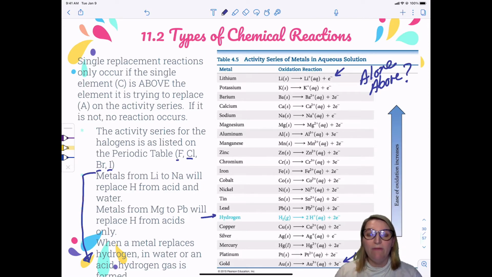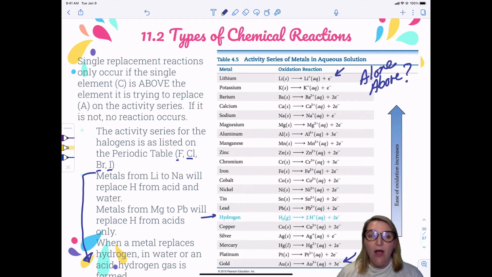So when we react a metal with water, sometimes it reacts, sometimes it doesn't react. You do not need to know that. I'm going to tell you that basically every time hydrogen is reacting, you can just do alone above and that's fine. But metals from lithium to sodium, so you can see those first couple of them, will replace hydrogen from acid and water.